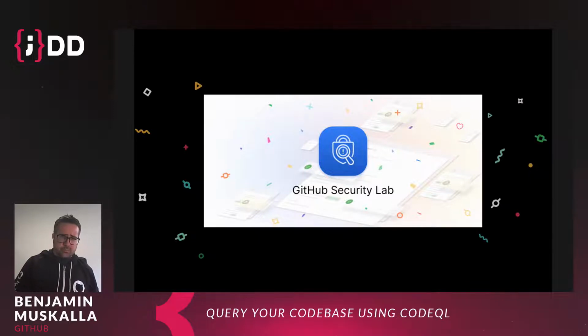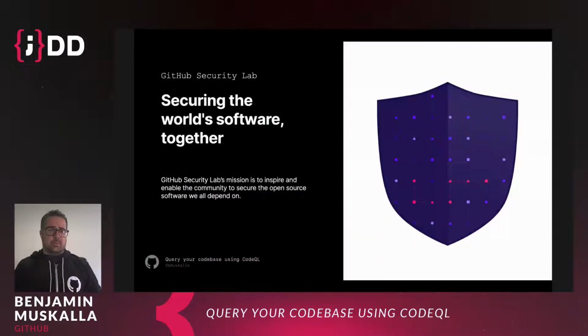And so the GitHub Security Lab was founded, which is a group within GitHub whose mission is to inspire and enable the community to secure the open source software we all depend on. Because every one of us has projects that depend on certain open source components, be it directly or transitively.